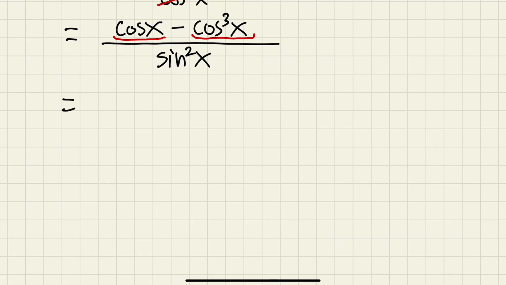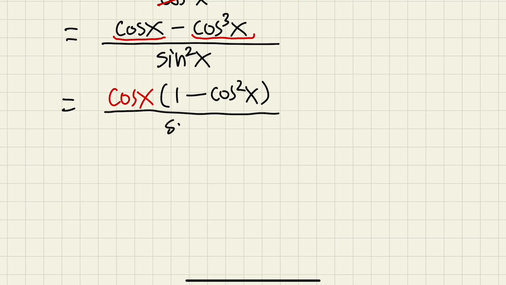So we can write cosine x, and then that will be times 1 minus, it was the third power, but we took out one of them already, so that would be cosine squared x, like this. And then over sine squared x. And that's just by factoring out the cosine x.